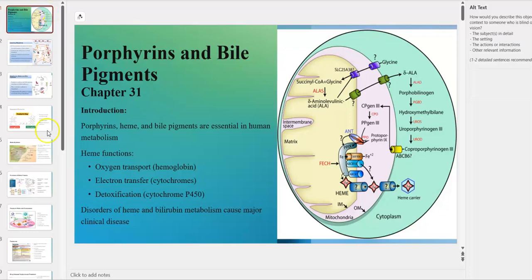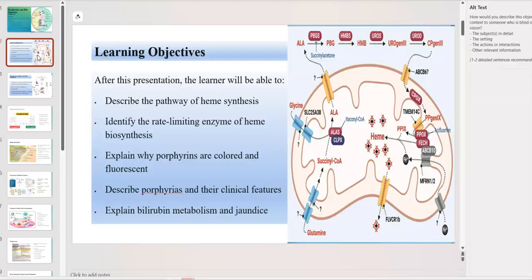This diagram shows the synthesis of heme and degradation from bilirubin to bile. This presentation will focus on the biochemical pathway of heme synthesis and degradation.